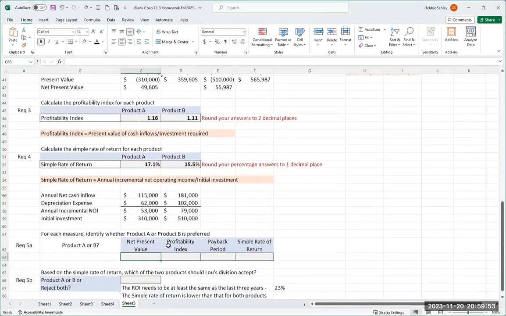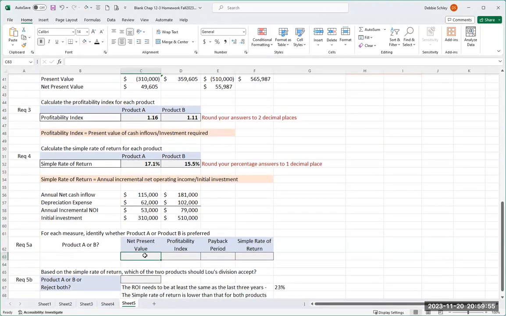Product B. Profitability index. That was required 3. And we want the one that is higher, not much higher, but it's a little higher, 1.16 versus 1.11. So we want the one that's higher for profitability index. So that is A.